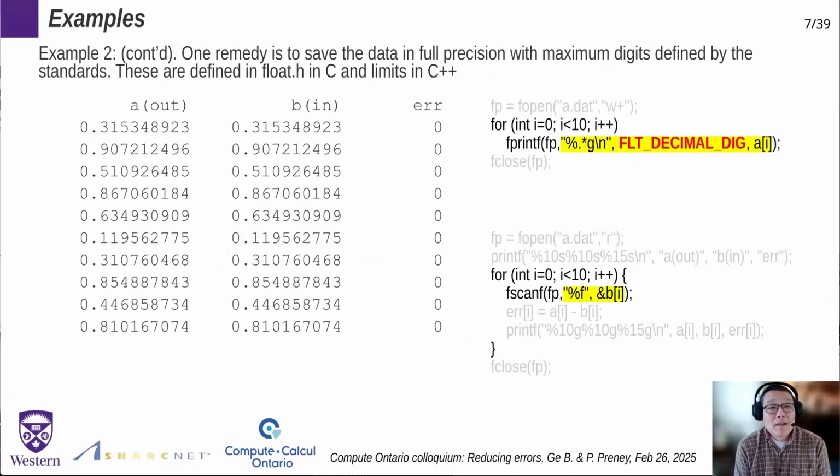So how do we fix this? One remedy is to save the data in full precision, with the maximum digits defined by standards. So in this case, we store the data again. A and B are in single precision, just for the purpose of demonstration, so the error is easy to see.